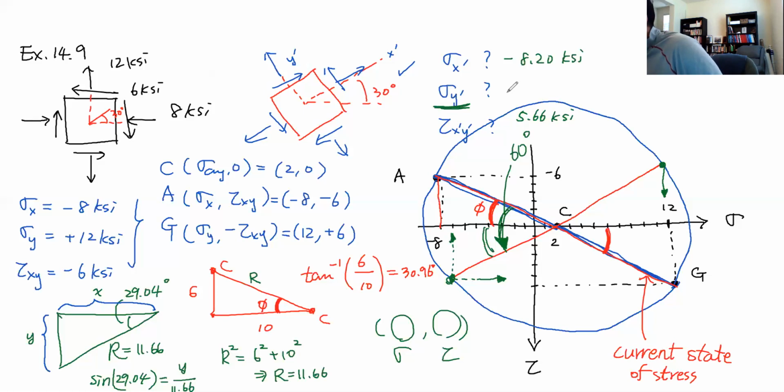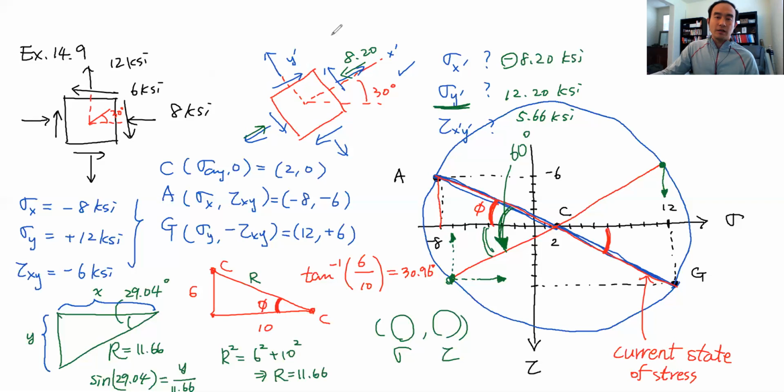They didn't calculate sigma y. Oh, they did. 12.2. So it's going to be 12.2. It's positive in KSI. So these are the final answers. When you draw the stress block, it is going to be this way, and since sigma x prime is negative, we have to have a compressive stress with 8.20.